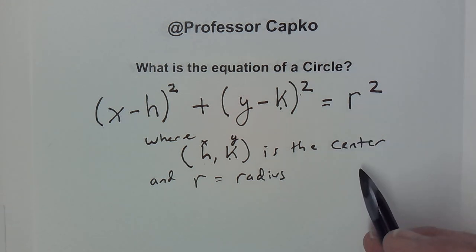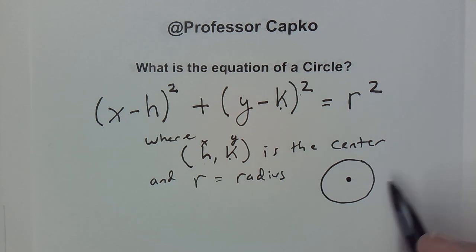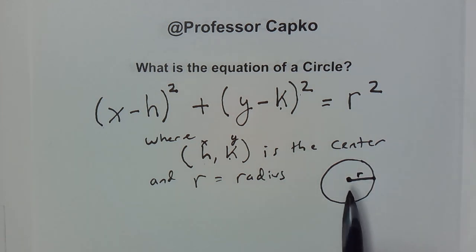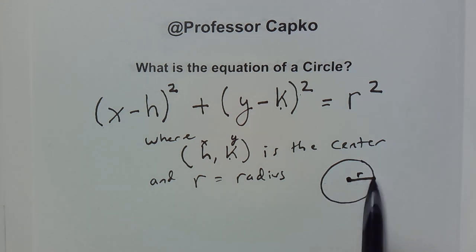Remember, with a circle, the radius is the distance from the center to the outside of the circle. The diameter would be the entire distance across from one end of the circle to the other. We only need the radius. The radius is 1/2 the diameter.